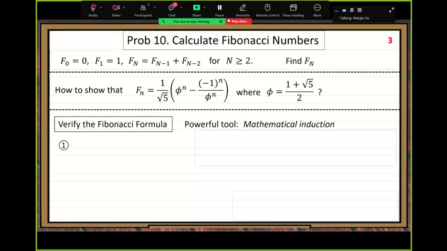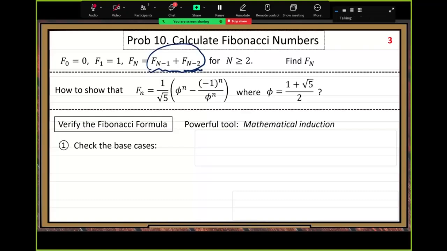Let's review the 3 basic steps. Step 1: verify the base cases. We did it. We only needed to verify 2 base cases because there are 2 terms here. So 2 base cases are enough.